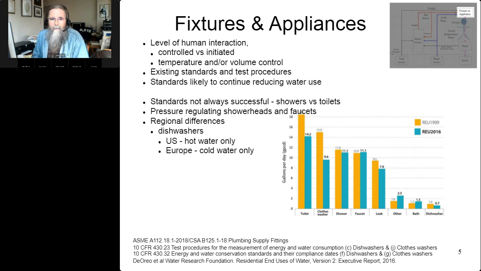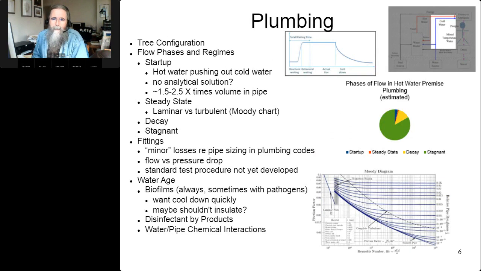You also have to be aware of regional differences on appliances. In the US, we plumb dishwashers to hot water only. In Europe, it's to cold water only. So you have to keep thinking about that. The plumbing is the part where the hot water is delivered to the fixtures and appliances.